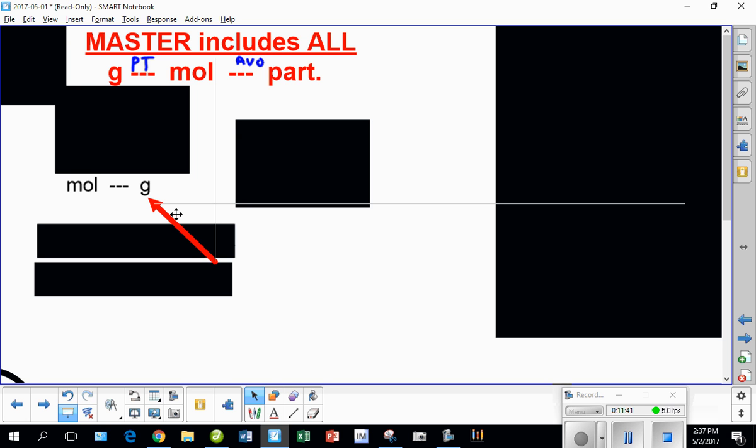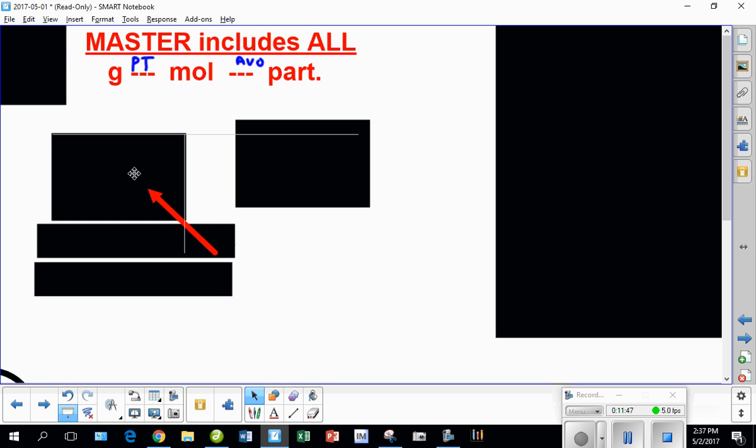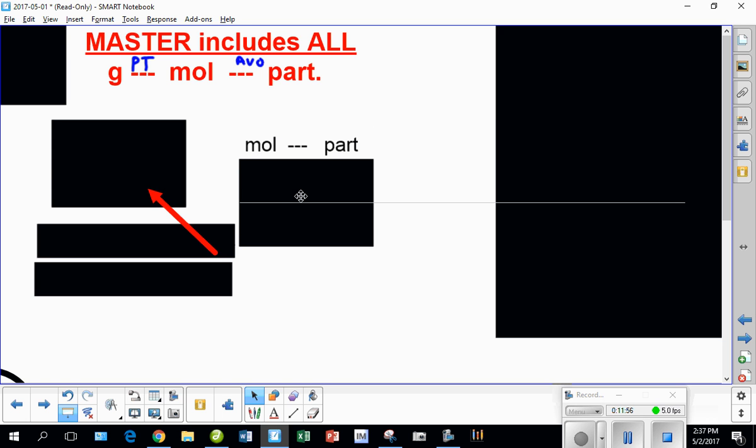Excellent. And where are we going to get the grams that we put in there? From the periodic table. We'll do some actual examples in just a minute. This is just preliminary, just getting you used to what I call pathways.